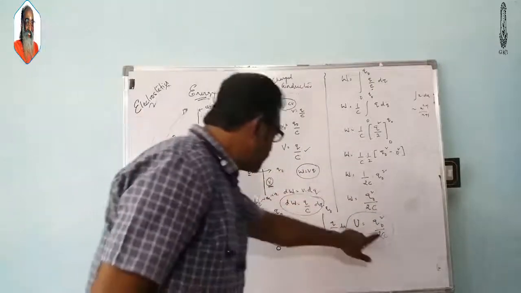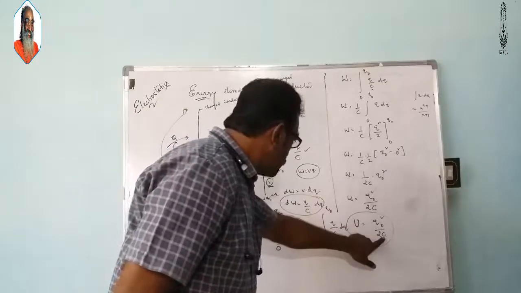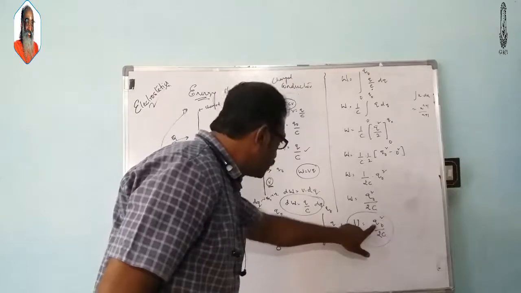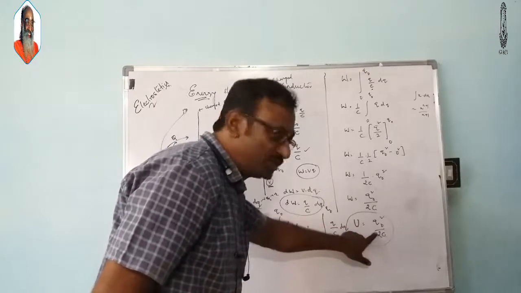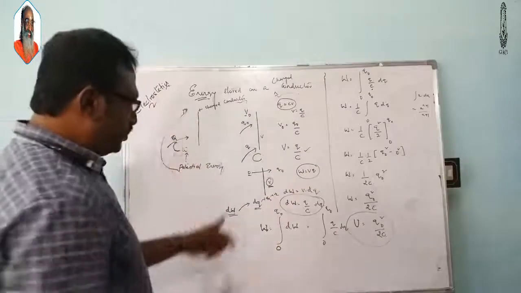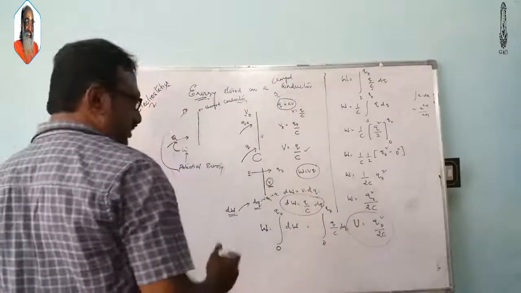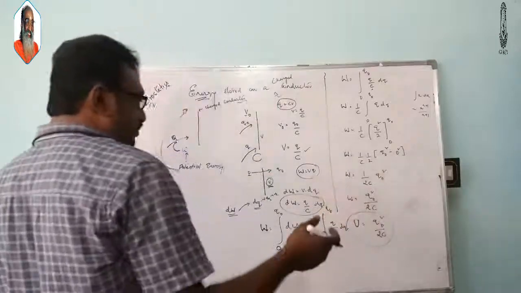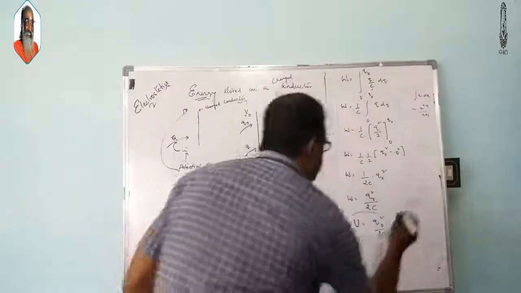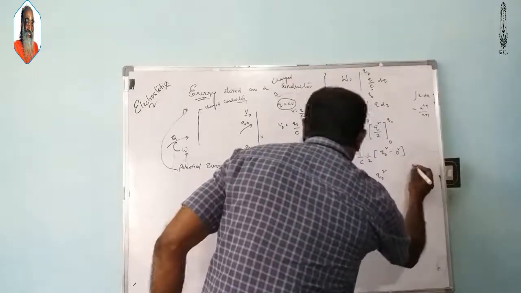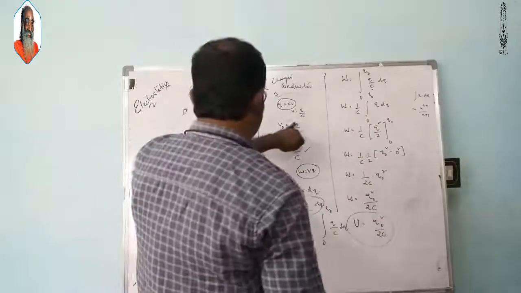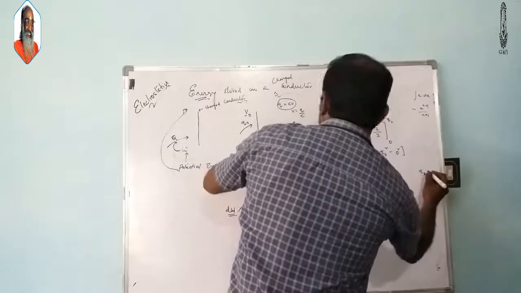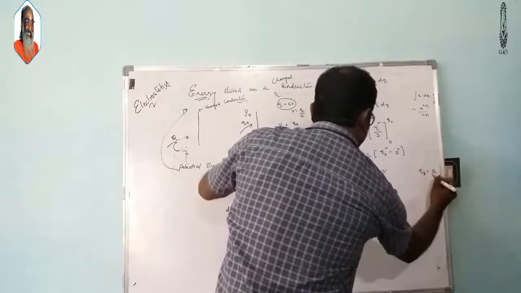The capacity of the conductor is C, and the total charge we have provided is Q naught. So the energy stored in the conductor is U is equal to Q naught square by 2C, whose capacity is C. Now just altering this expression into the form of V and so on. Already you know that V naught is equal to Q naught by C. So Q naught is equal to C V naught.